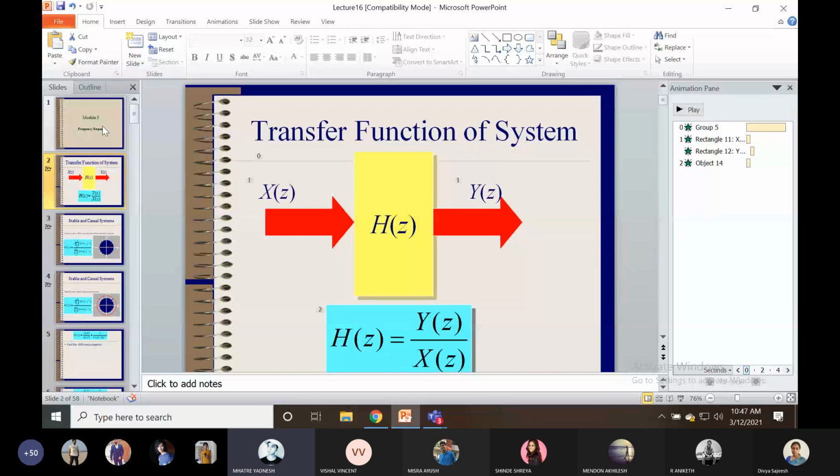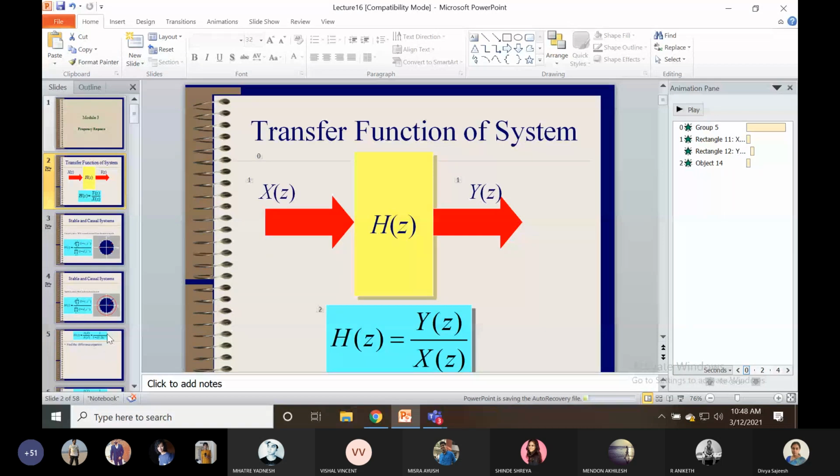Okay, so the given equation was a difference equation. That means it was in the time domain. So what you did, you converted that time domain equation first into the z domain. So you got an algebraic equation in terms of z, in terms of input and the output.